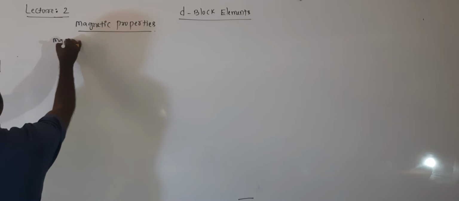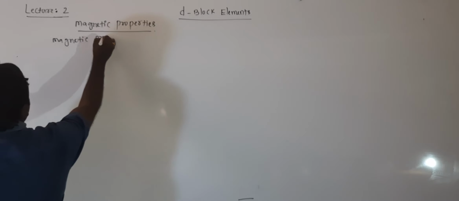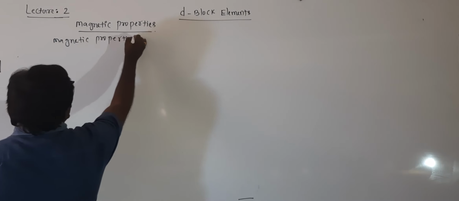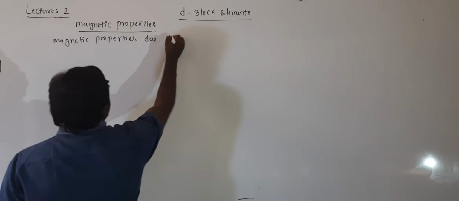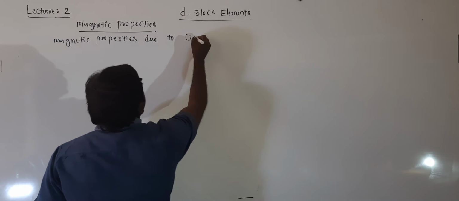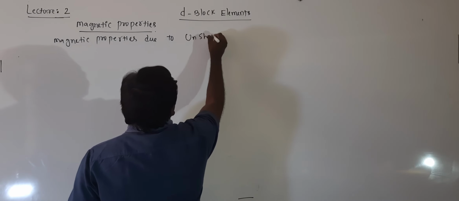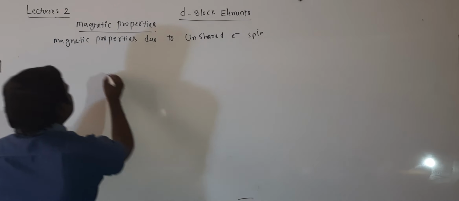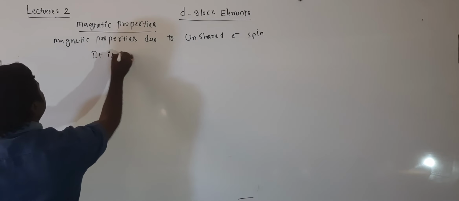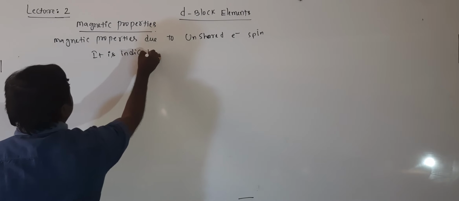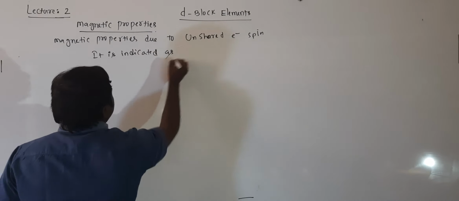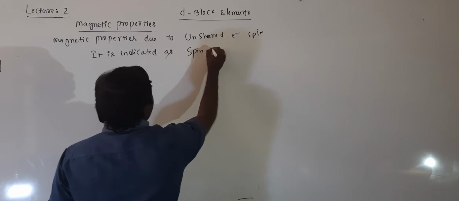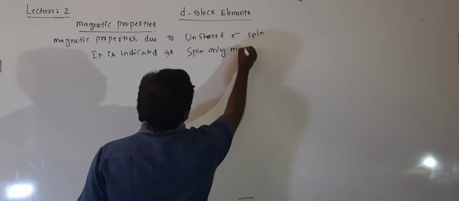Magnetic properties are due to unshared electron spin, so it is indicated as spin only magnetic moment.